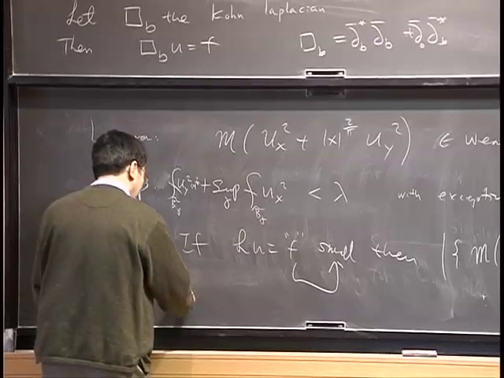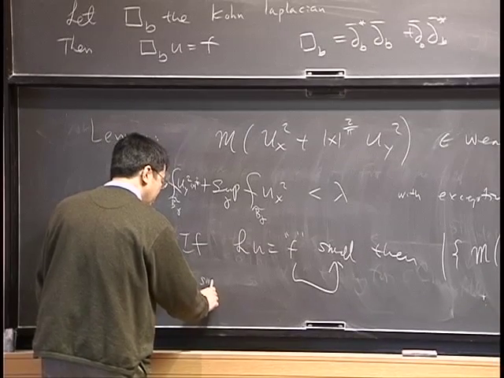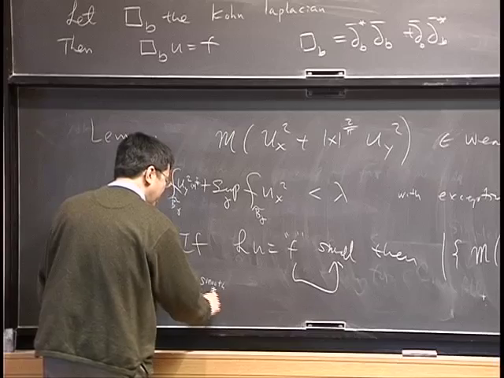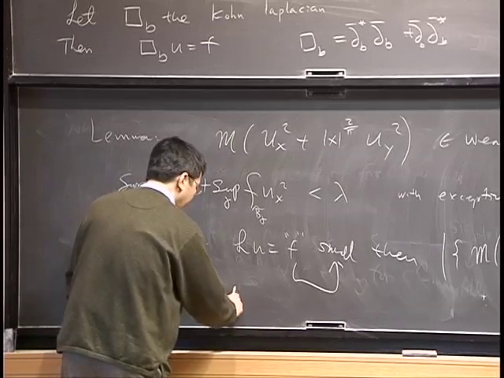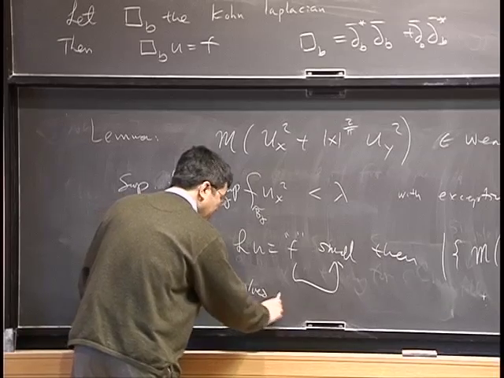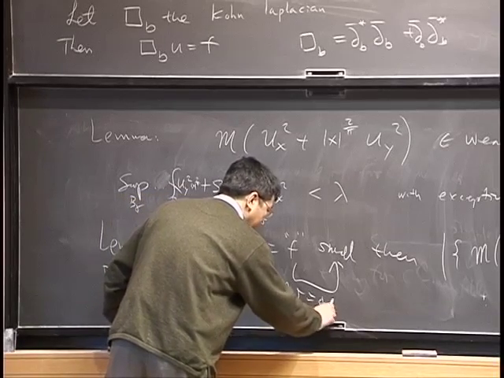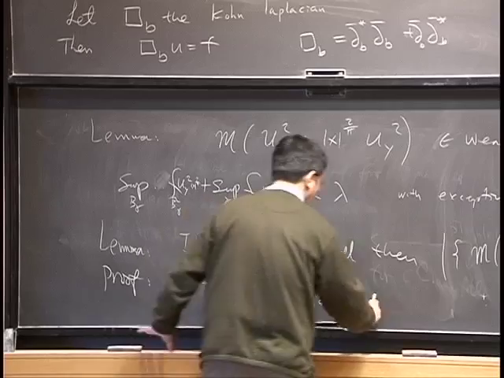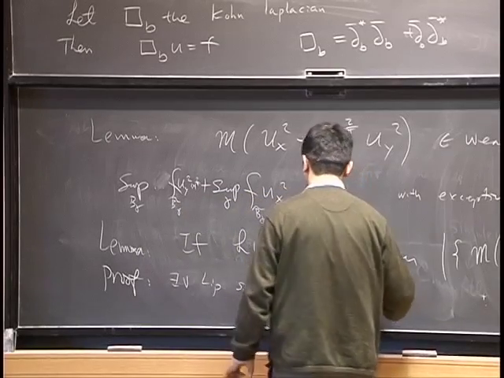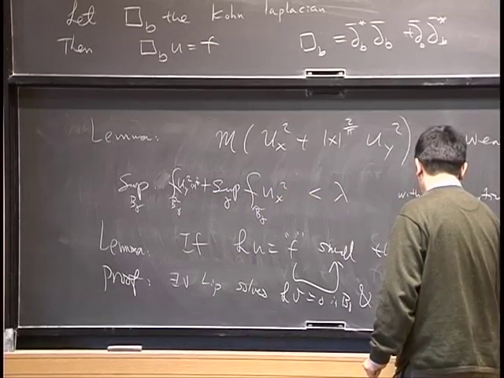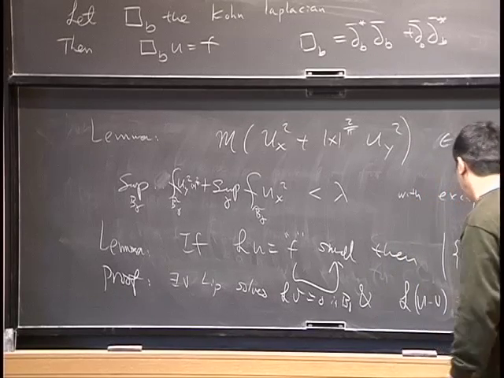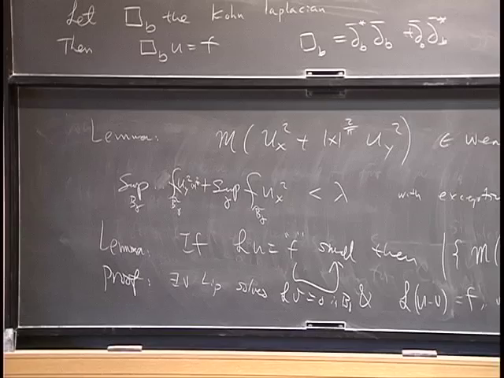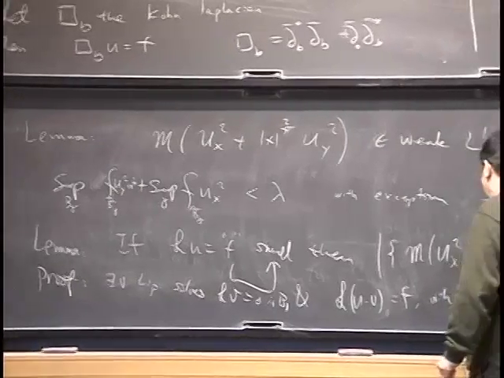In this case, there is a v smooth to a certain extent, let me just say elliptic, that solves Lv equals 0 in ball 1, and L(u minus v) equals f, with the L2 norm of u minus v as small as desired.